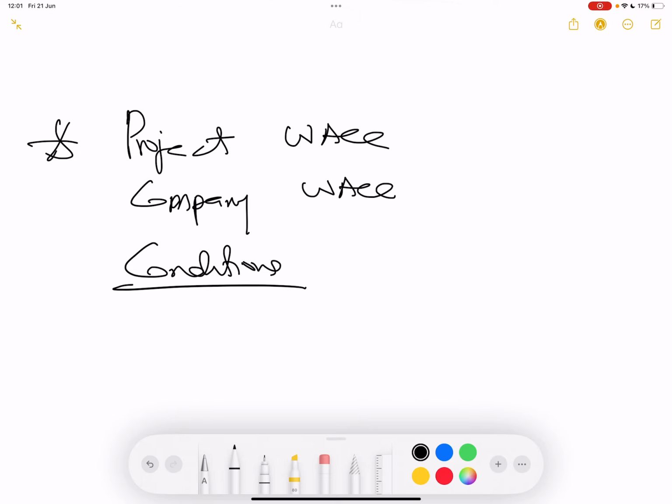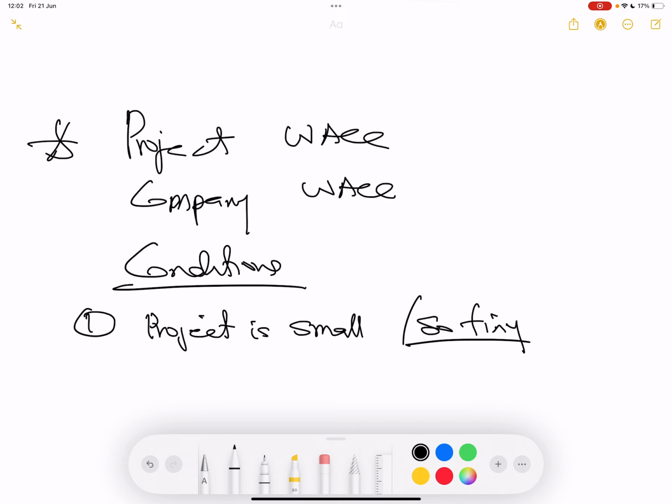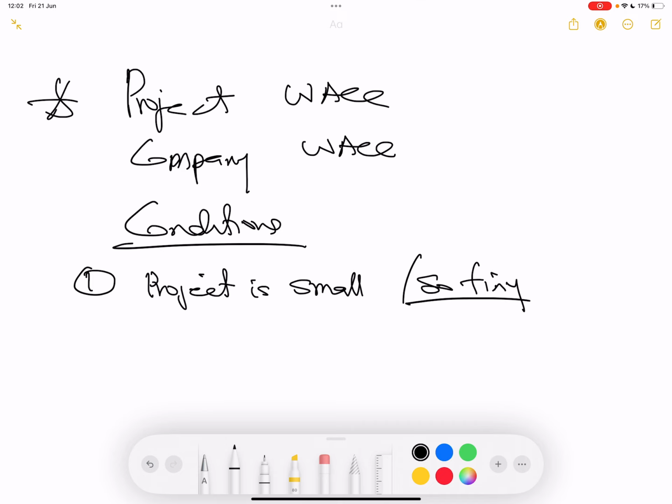What we are saying here is, if you want to calculate whether to do a project or an investment or not, you will be calculating a WACC that is specific to that particular project, or you can just adopt the WACC of an entire company. The first condition is you are only allowed to adopt the company's WACC if the project is so small, so tiny that you don't need to be stressing yourself calculating a new WACC. Just adopt the company's overall WACC.